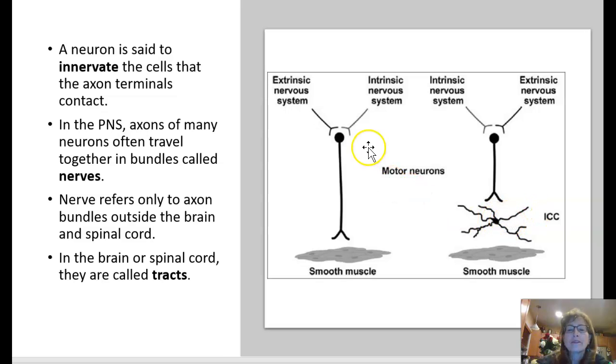Mostly what we're saying is that if we're looking at a bunch of neurons activating some muscle in the peripheral nervous system, then the bundle of these is called a nerve. So when we say I have a nerve problem, that's what we're really referring to in most cases. In the brain and the spinal cord, however, we call those same long extensions or bundles of neurons acting together tracts.